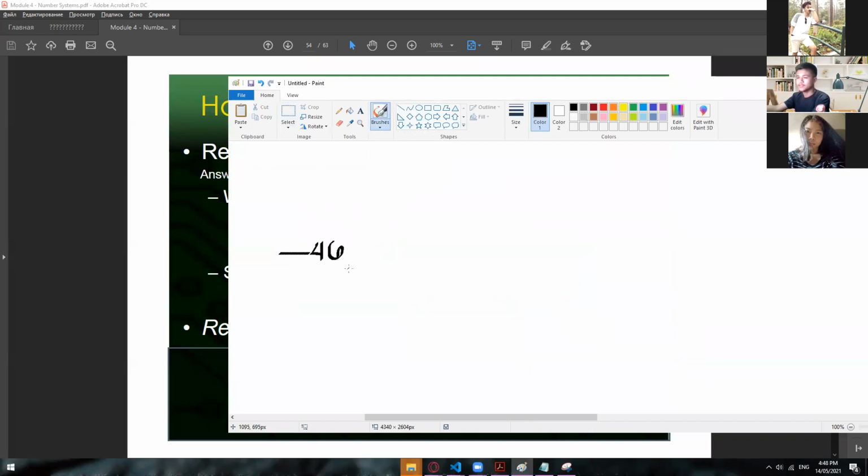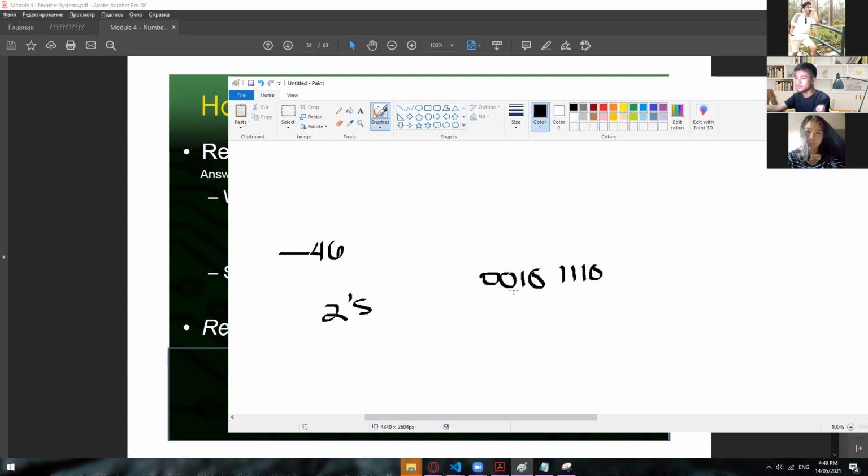Negative 46. First step, we have to represent this as positive 46. So 0, 0, 1, 0. 16 plus 30 is 48, so we don't need that. So we need 8, 40, and 4, and then 2, and then 0. This one is equal to negative 46, except that this one is positive 46. The next step is to apply two's complement.